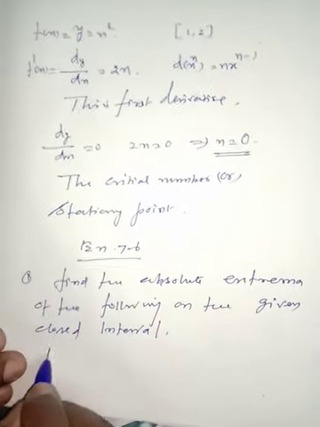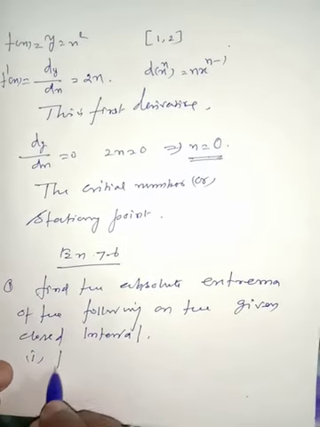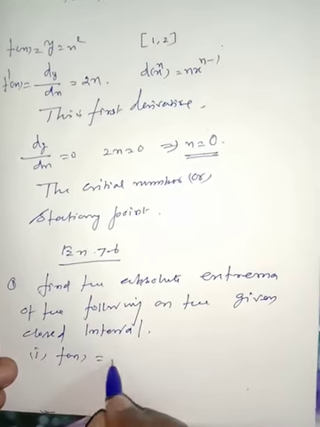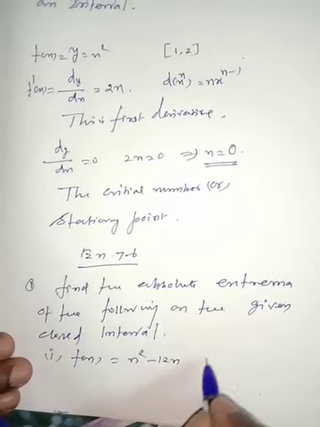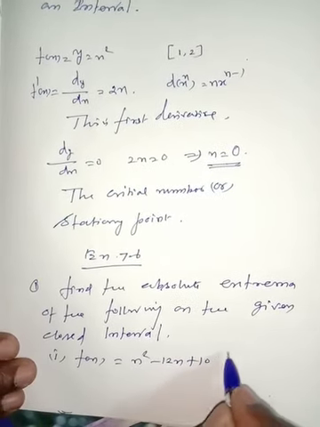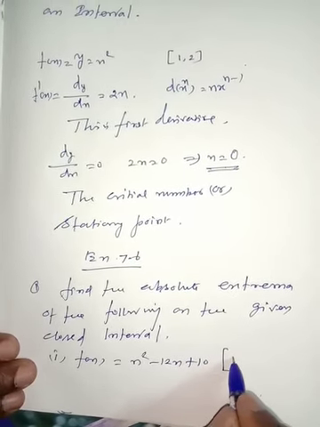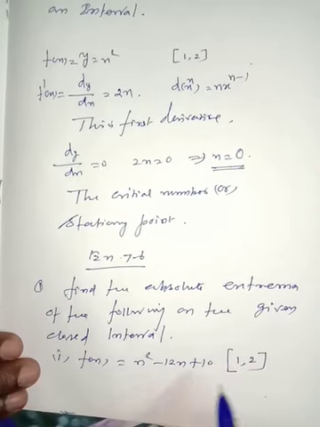Number 1, f of x is equal to x square minus 12x plus 10. The closed interval is given by 1 comma 2.